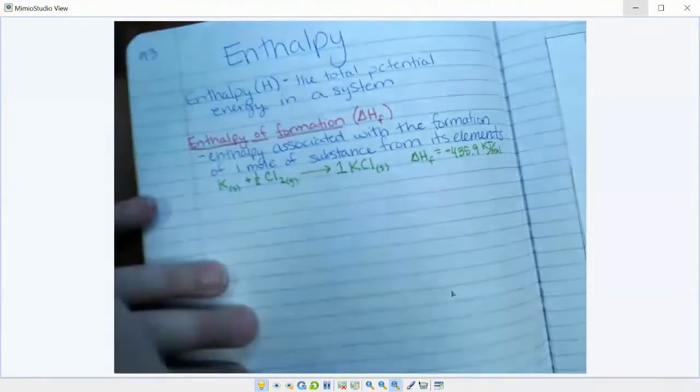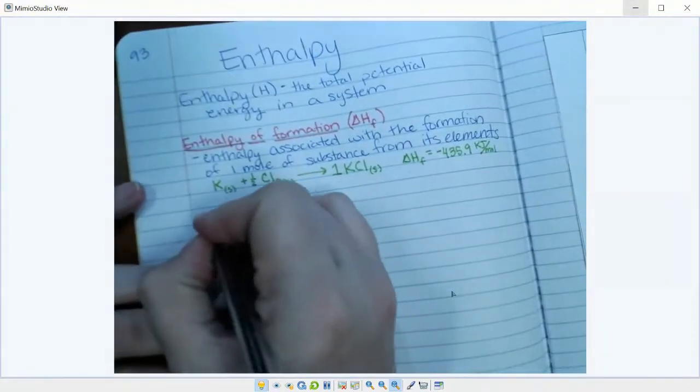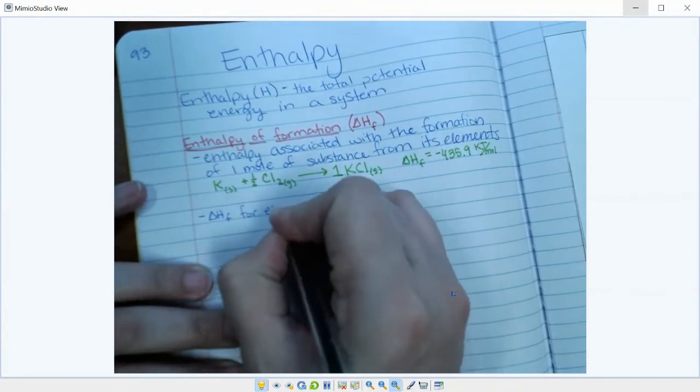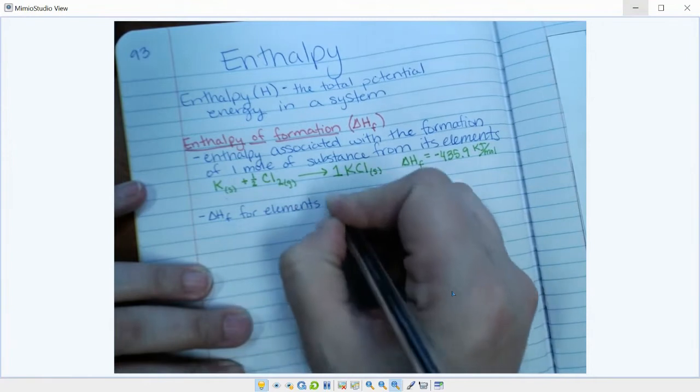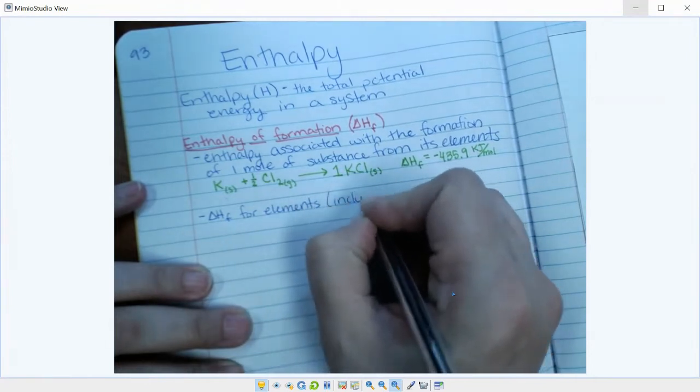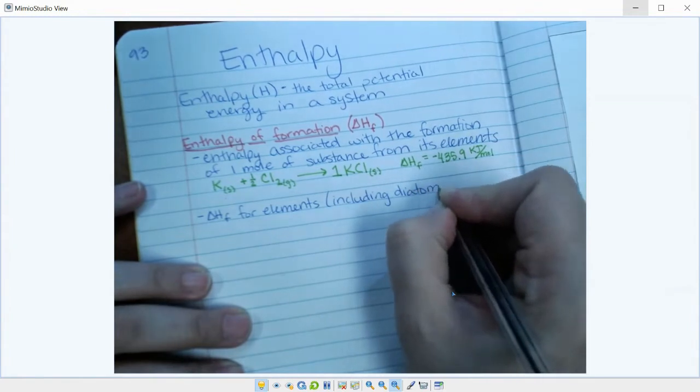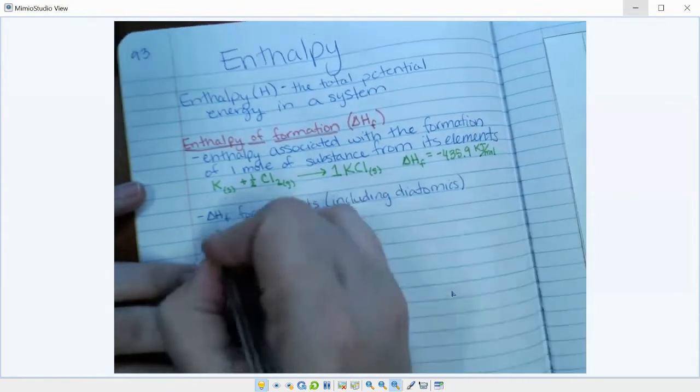We do need to note that enthalpy of formation for elements, including diatomics, is 0.